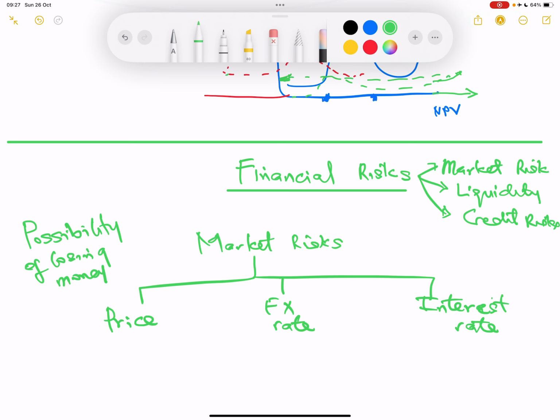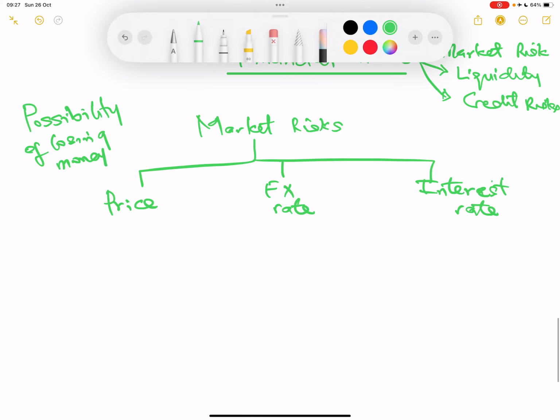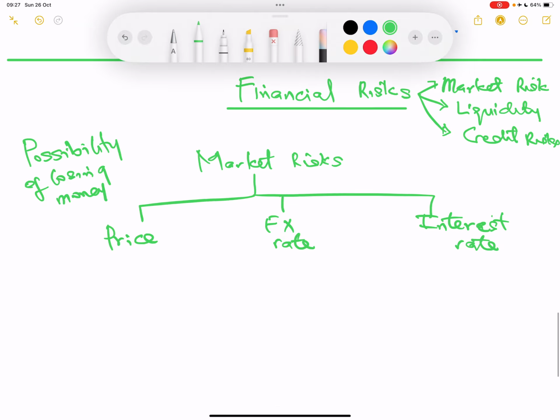When any of these three changes, there's a possibility of losing money. And because of that, we need to treat that possibility. We need to minimize our exposure. We need to manage it.